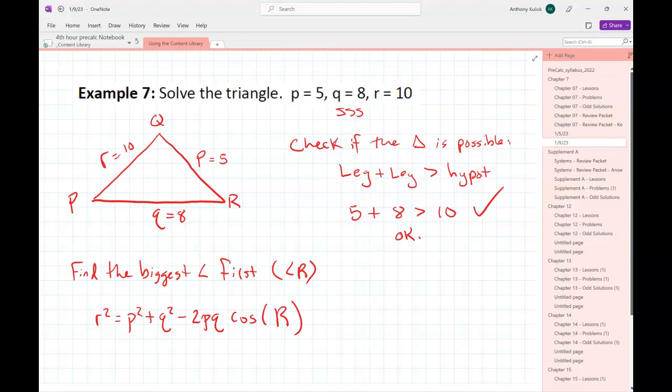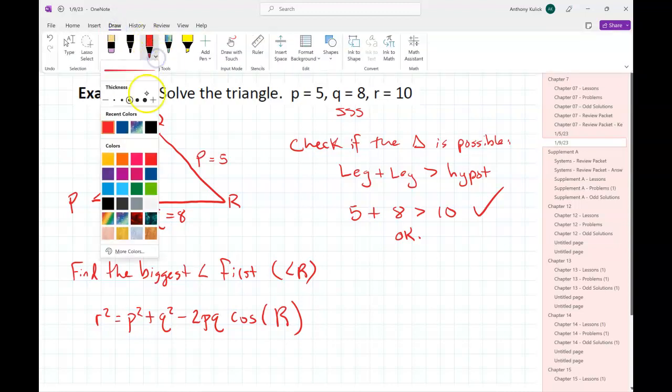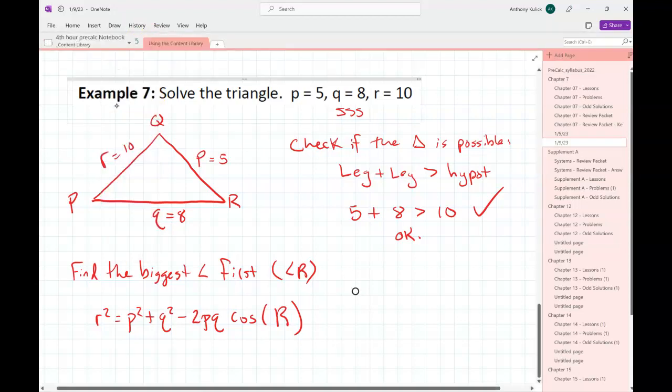All right. So if I want to get angle R by itself, what should I do first to this equation? It's just like undoing the order of operations, going in reverse order. So what's the last thing you do in an order of operations problem? Addition and subtraction, right? Okay.